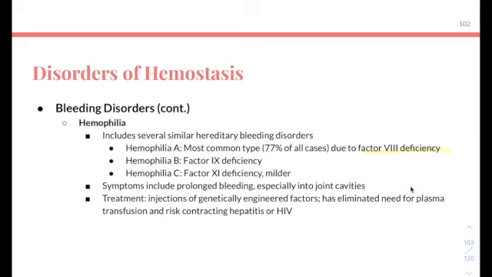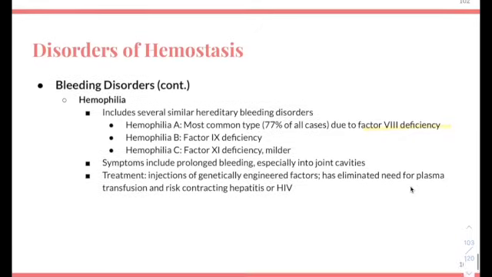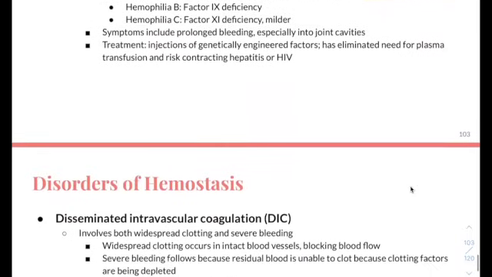So treatment is usually injections of the different factors, genetically engineered factors, which has actually reduced and eliminated the need for plasma transfusions. So they've learned how to genetically engineer ways to help people with hemophilia, which is kind of cool.